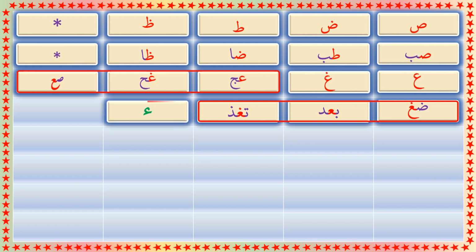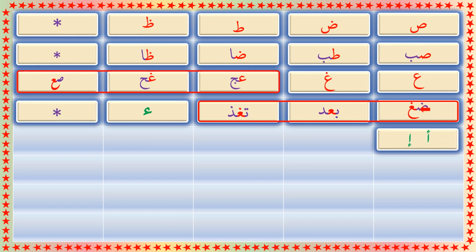Hamza. This is called Hamza Qata'a, so always it comes alone, but there are some more types of Hamza. Like this alif has Hamza on the top and this alif has Hamza in the bottom.